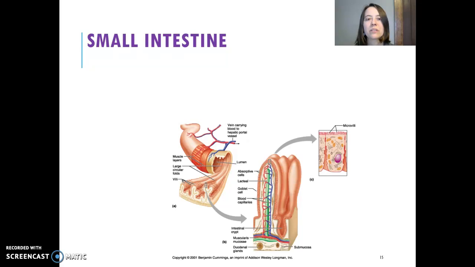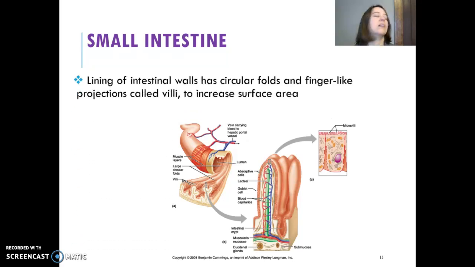So let's look at some pictures of the small intestine. Also, the lining of the intestinal wall has circular folds and finger-like projections called villi to increase the surface area. So it has a long length, it has circular folds. If you can see, here are what are considered circular folds.